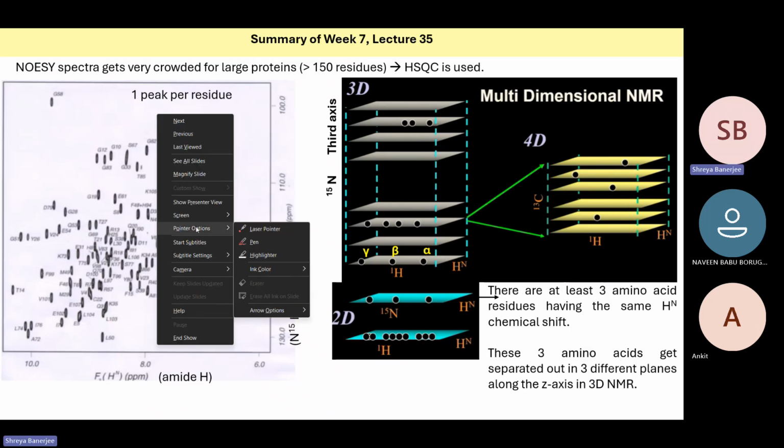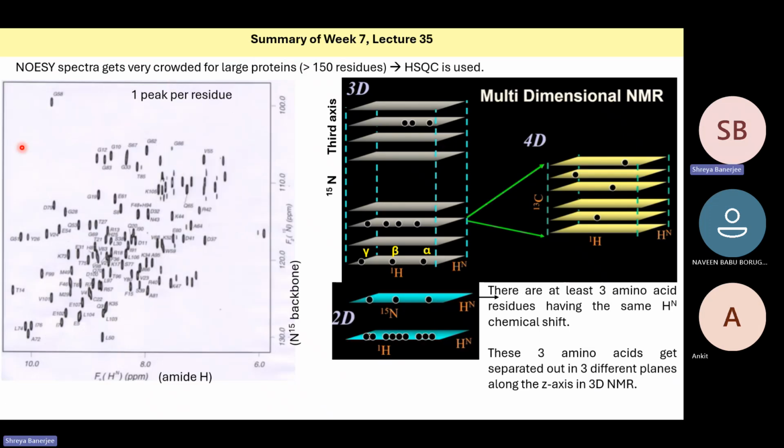Now, we have seen this before also, that when the two-dimensional spectra get too crowded, then we extend it to 3D or if required 4D NMR. And the basis of this is that suppose we have a 2D NMR, look at the lower plane here, where we have H on both the axes. So this kind of HH NOESY is very crowded, as you can see here.